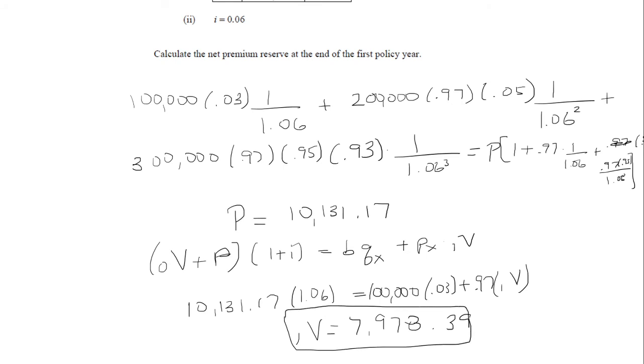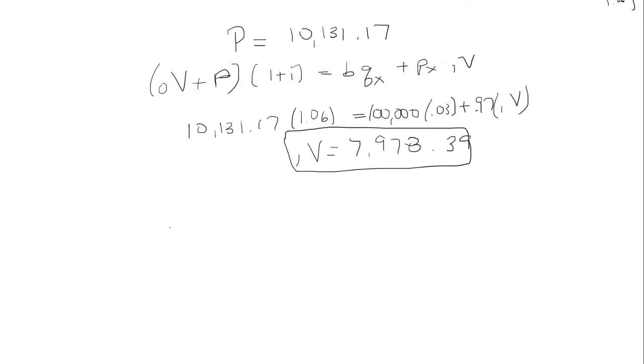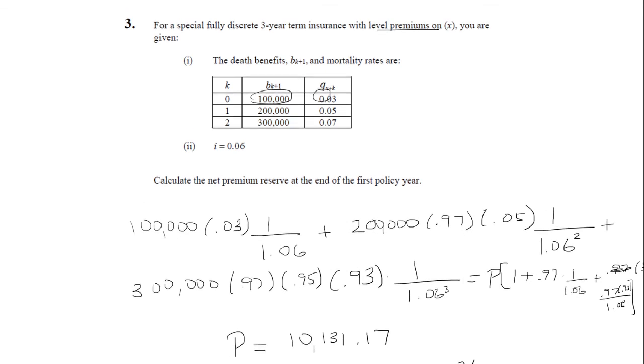Now let's look at the other approach. We take the expected present value of death benefits, and you ignore the first year. So you basically treat time 1 as your time 0.